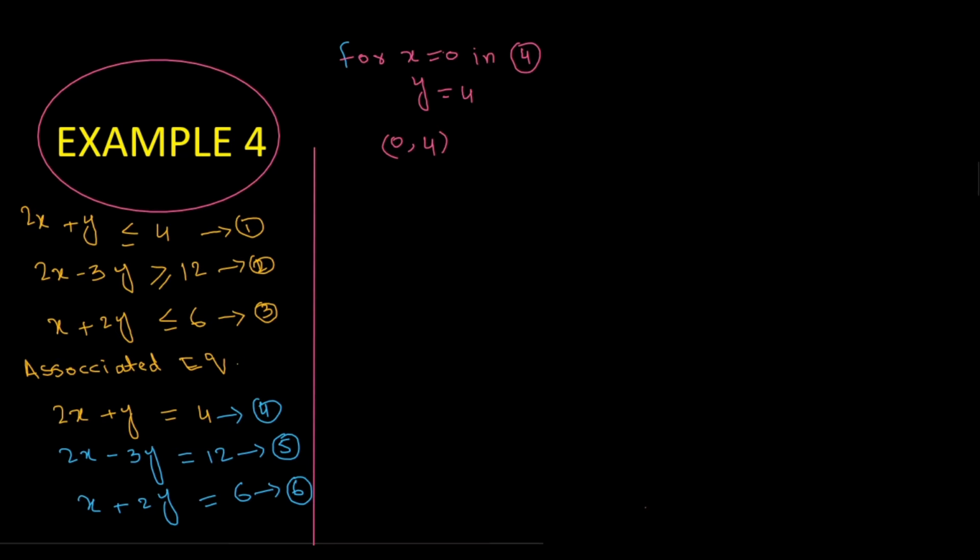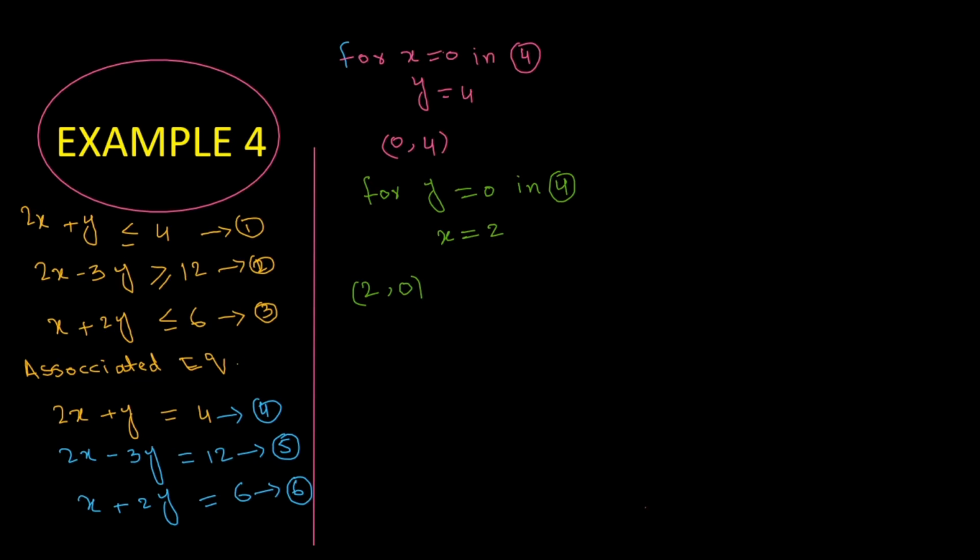In a similar way, for y equal to 0 in equation 4, y is equal to 0 means 2x is equal to 4, which means x is equal to 2. So our point is (2, 0).